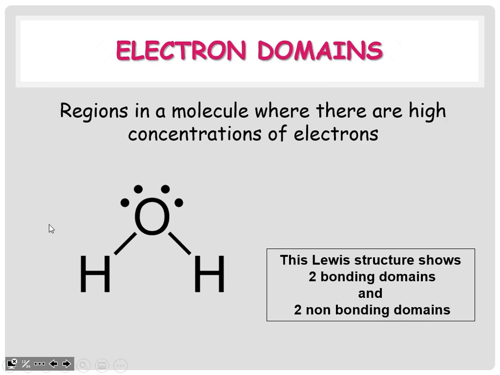So if I look at this one right here, here is a water molecule. I can see that here's a bond, there's a bond. So those are single bonds. A single bond counts as a domain. So 2 bonding domains right here, and here's a lone pair of electrons or an unshared pair. Here's an unshared pair, a lone pair. So 2 non-bonding domains and 2 bonding domains.